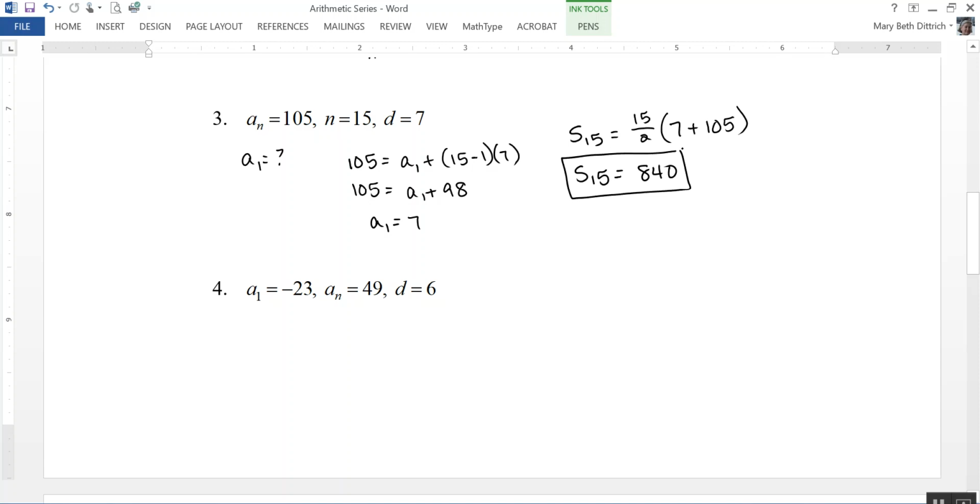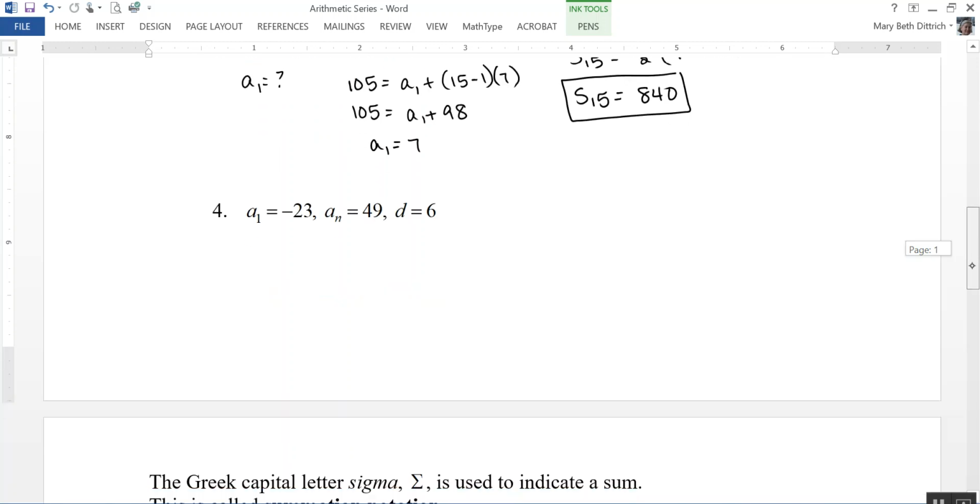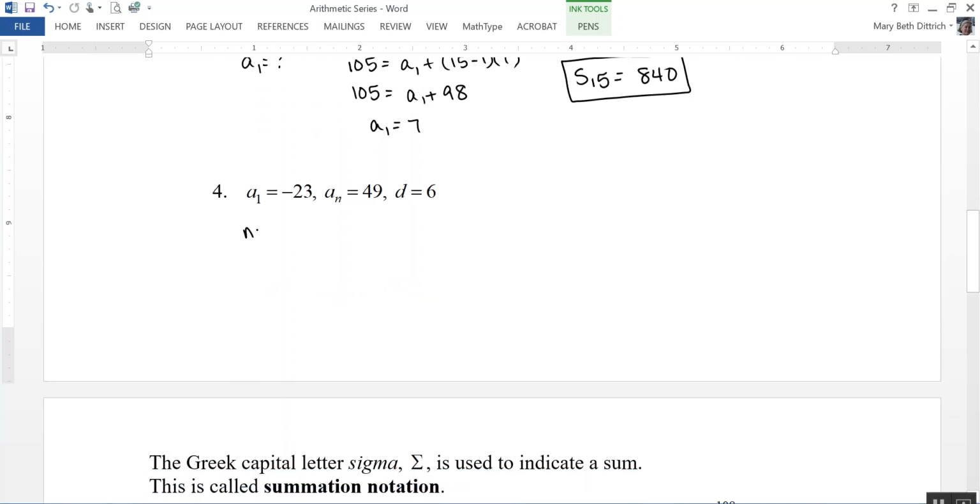And my last example here, I have a sub 1, a sub n, and d, but I don't know what n is. I don't know how many terms are in this sequence, but I can figure that out.